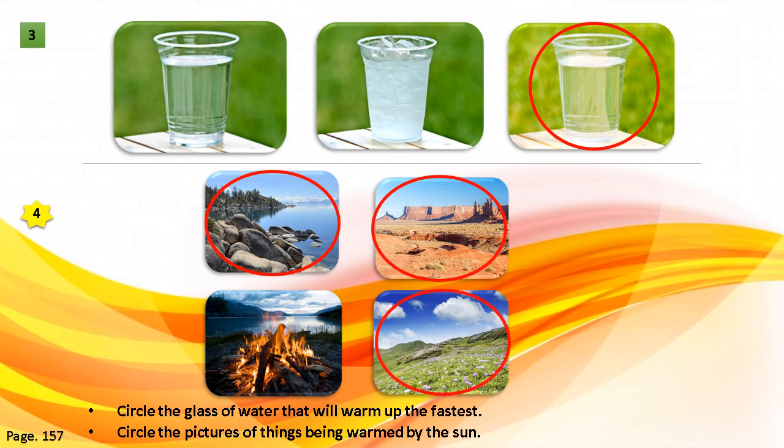When the sun is in the sky, it warms Earth. But when the sun is not in the sky, Earth is cooler. And that's why we didn't circle the picture that shows a campfire, because it shows a nighttime scene and not a daytime scene.